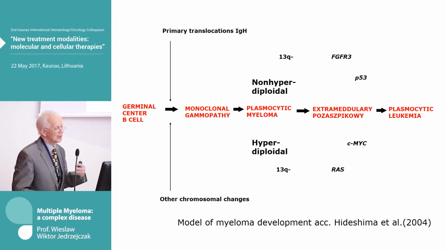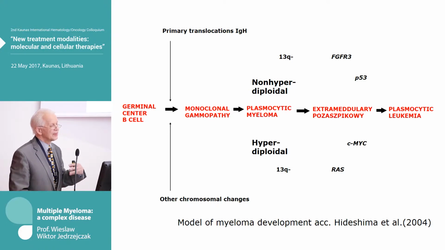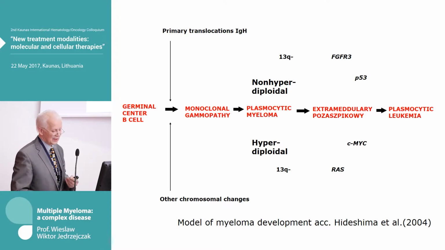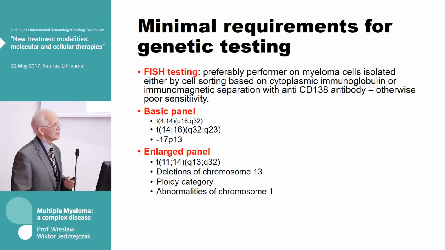But if this does occur, in either of these two major scenarios, then the situation in patients, even without treatment, would depend on the occurrence of secondary events, which will change the prognosis defined by the primary, also called founding, mutation, leading to more aggressive disease, eventually to progression to plasmacytic leukemia, which is the worst, most advanced stage of this type of disease.